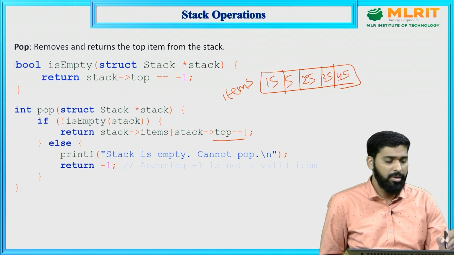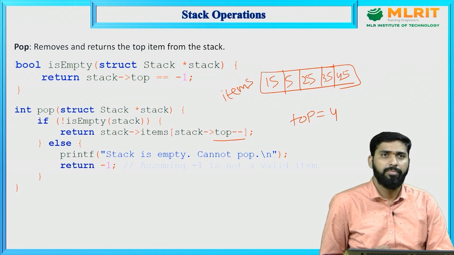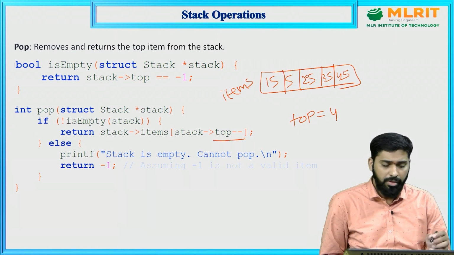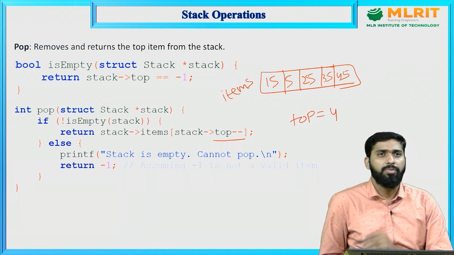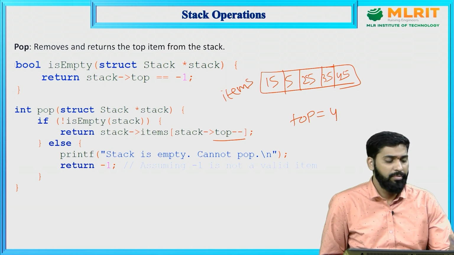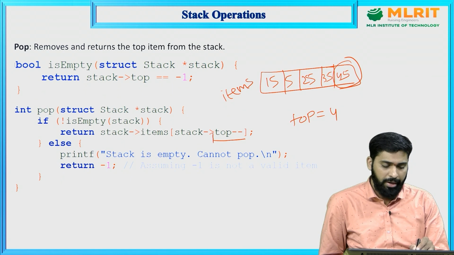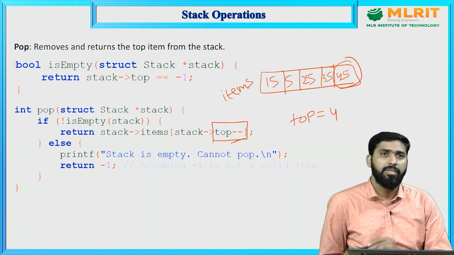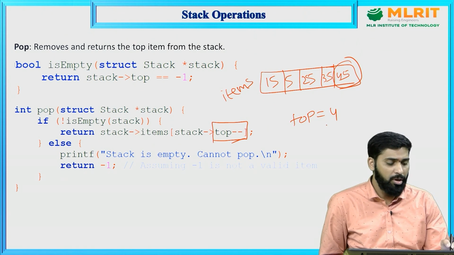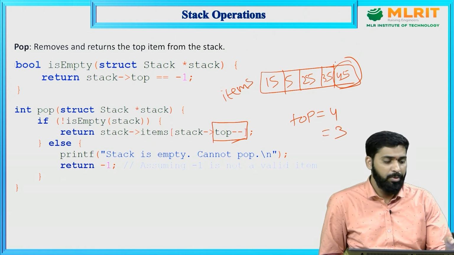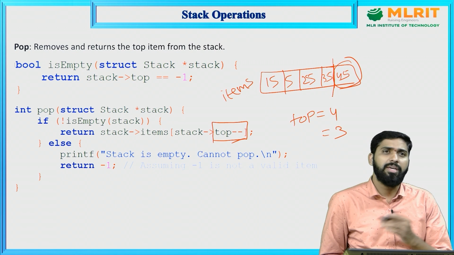Now, what is the top value? Top value equals to 4. Now I want to delete an element. Which element is going to be deleted? 45 will be deleted. So, simply write items of top minus minus. Now, the top becomes 3. Up to here only we can organize as a stack.